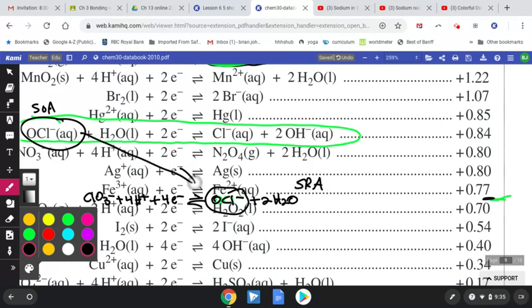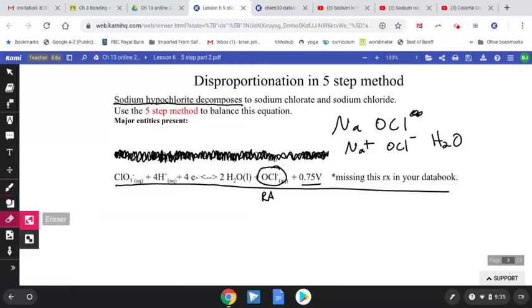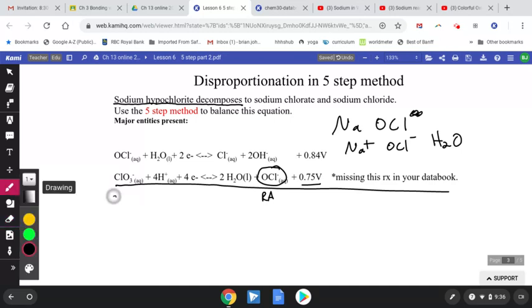And this reaction is downhill, it's spontaneous. So OCl minus will react with OCl minus. So we write out those two reactions, and this one we're going to flip so that this is the reactant, not the product. Okay, so I'm going back to my notes. I'm writing out that first reaction. And the second one, I need to flip it.